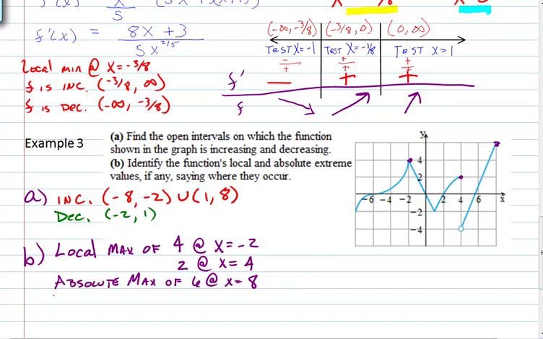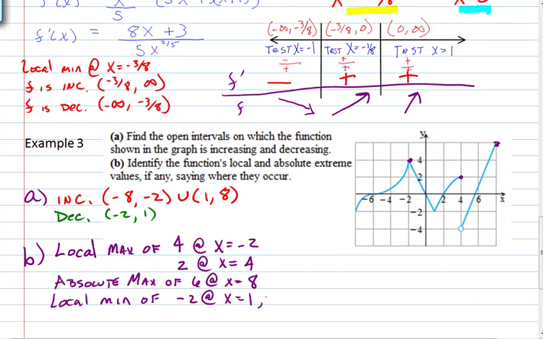Do we have any local mins? What is our local min? -2 at... do we have any absolute mins? Another local one.